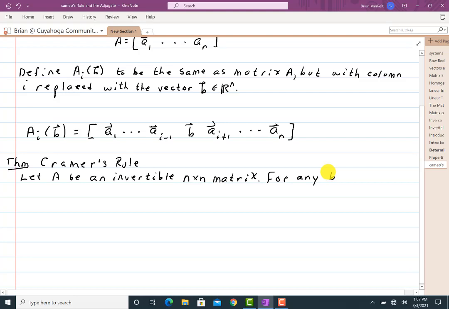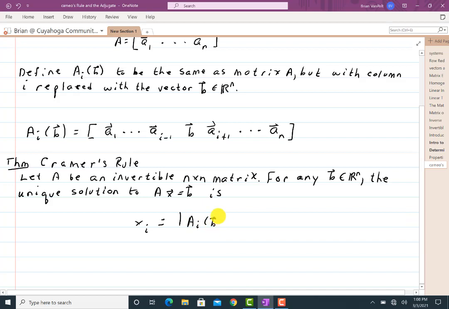For any vector b in Rn, the unique solution to Ax equals b is, and we'll give the formula for each x_i, the determinant of that matrix A_i(b) divided by the determinant of matrix A. And this is for all of the i's.